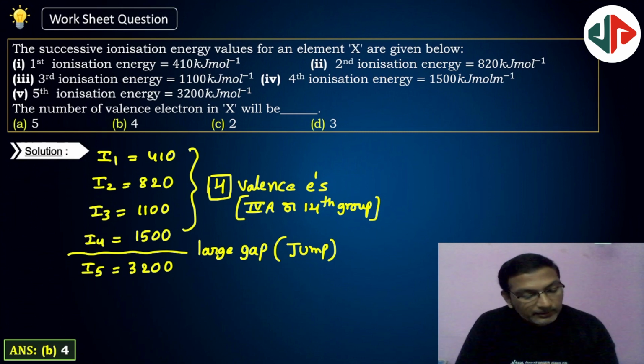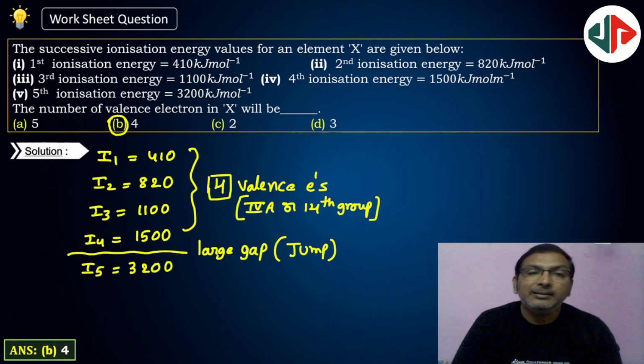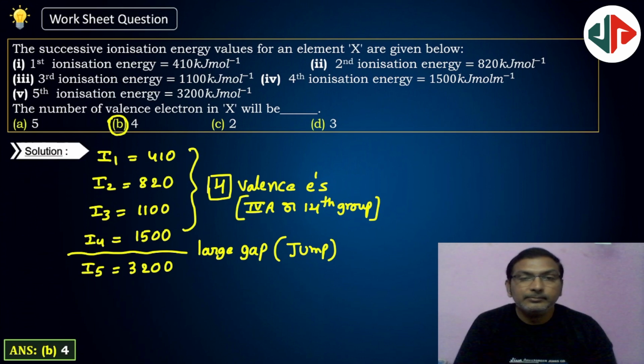Option B. This model is very important. So number of valence electrons depends on the gap between successive ionization energies. Next one.